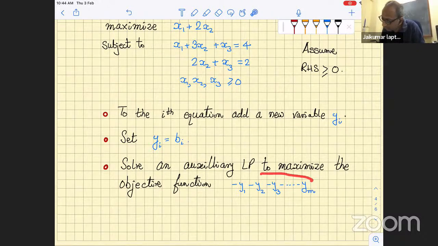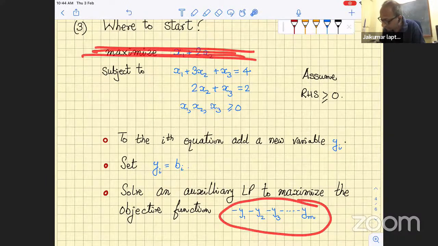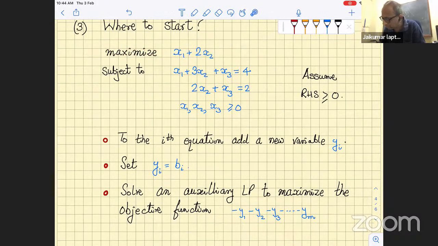Now we have got a basic feasible solution to this auxiliary LP. We don't work with the original objective function. Our new objective function is this, or you can think of it as minimizing the summation of yi subject to this. Now we have a starting basic solution with yi set to bi. Is this clear?